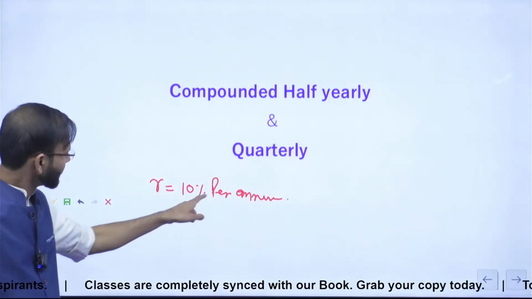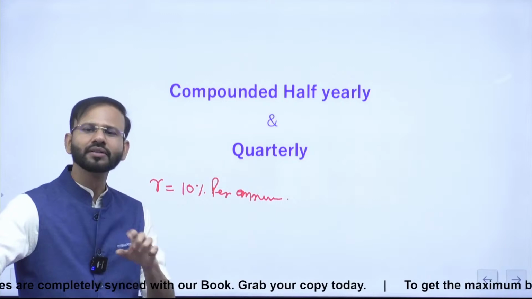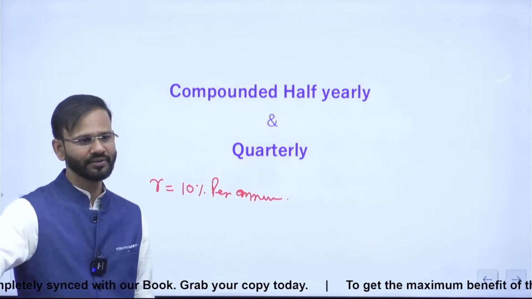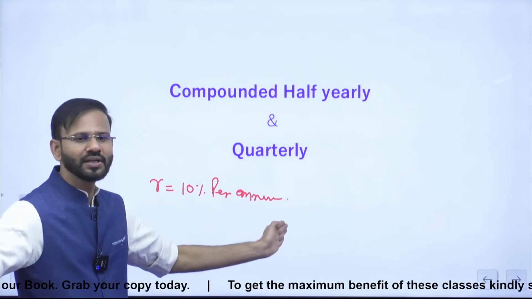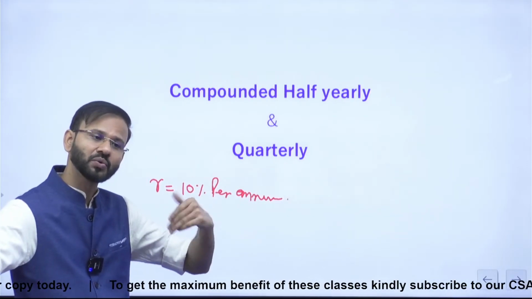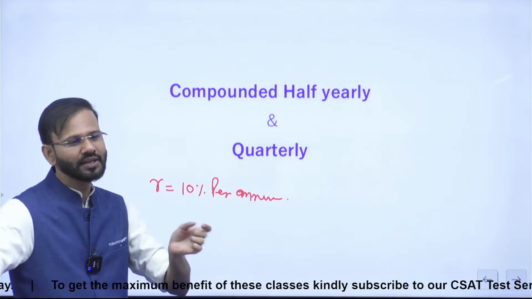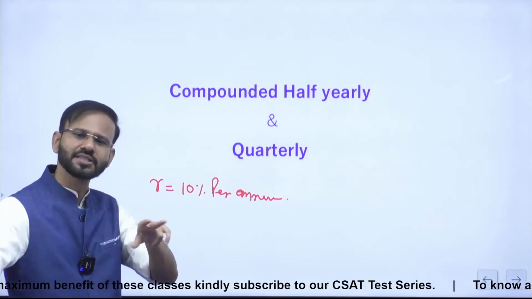When they say per annum, by default the meaning is that compounding is done annually. And once they say 10% per annum compounded half yearly, or 10% per annum compounded quarterly, then compounding is done in each quarter or in each 6 months.